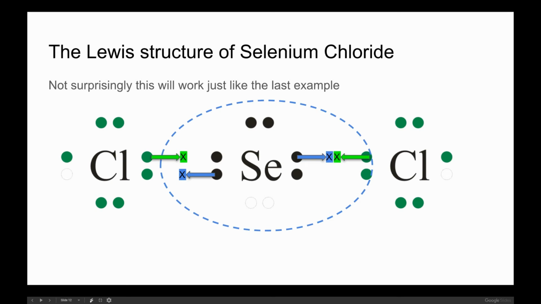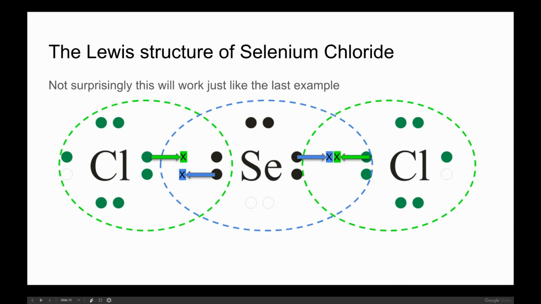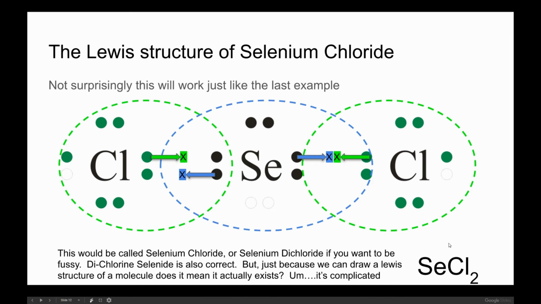She looks like she's got 8 now. So does... What sorcery is this? It's exactly the same as the oxygen one. Yeah, because selenium's in the same freaking column. So of course it's the same. Right?